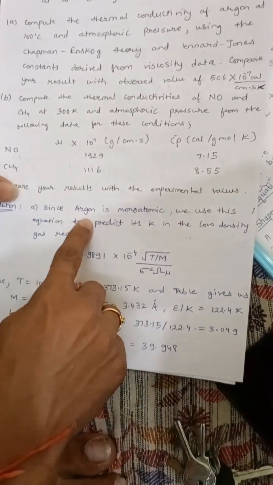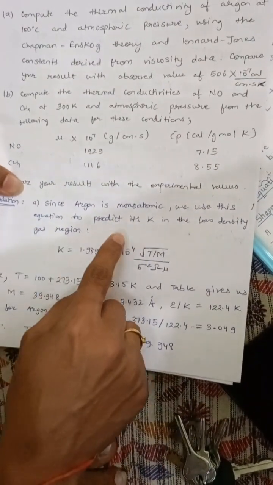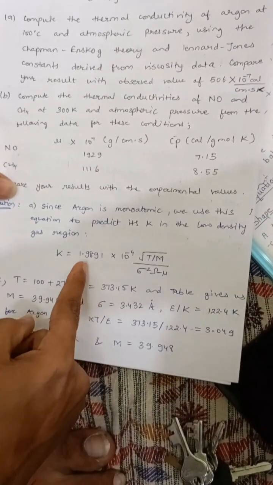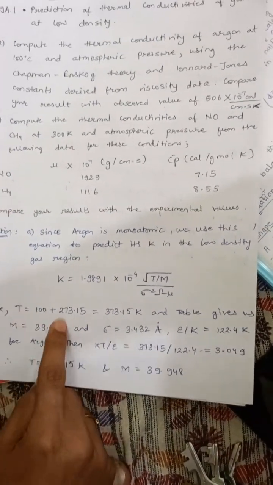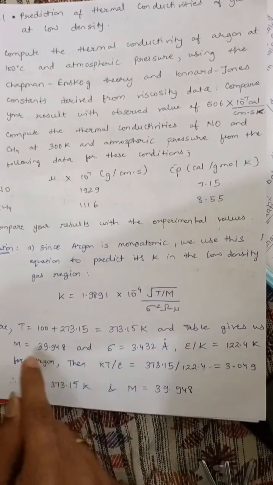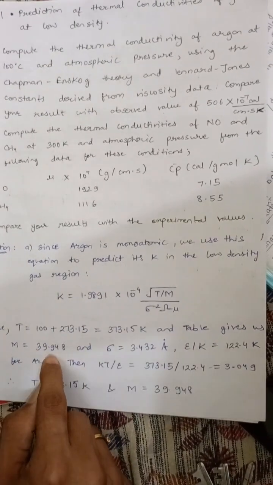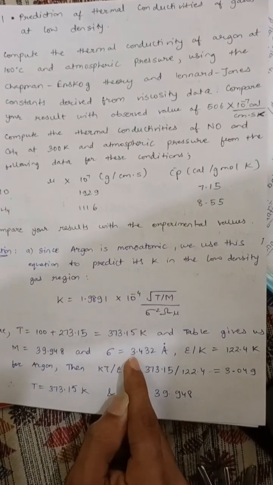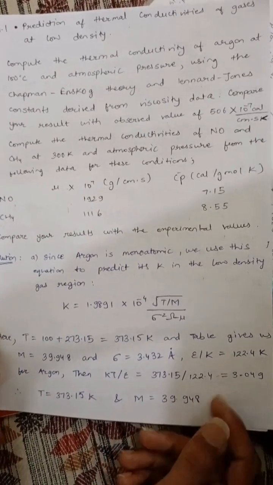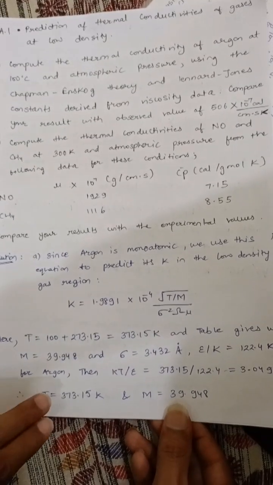Since argon is monoatomic, we use this equation to predict this k. This is the main equation we are using for determining the value of k. And here T is equal to 100 plus 273.15, which is 373.15, and the table gives us M equal to 39.948 and sigma equal to 3.432 Angstrom, and epsilon upon k is equal to 122.4 Kelvin for argon.